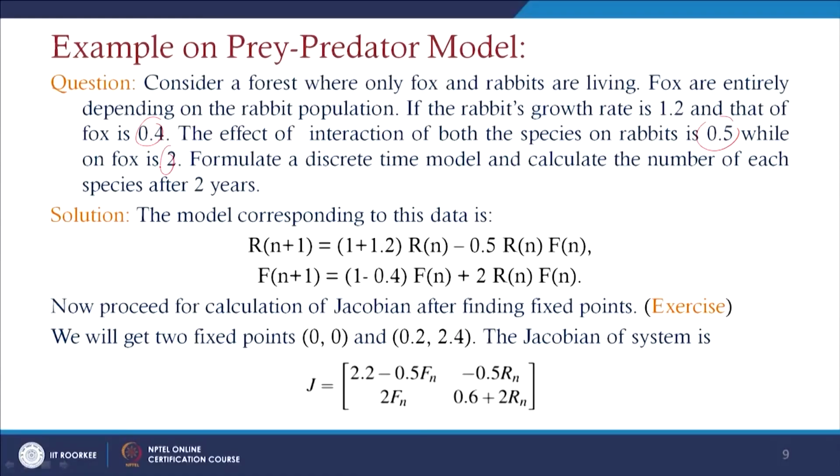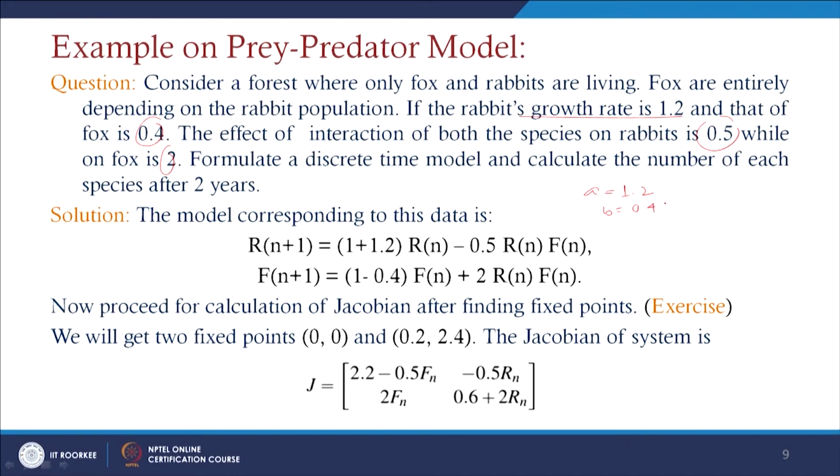In that model we considered x_{n+1}, y_{n+1}. Similarly, here we put the rabbit as R and the fox as F. In 1 plus A, the rabbit's growth rate is 1.2, so directly we can put A equals 1.2, and for the fox it is 0.4, so B can be considered as 0.4.